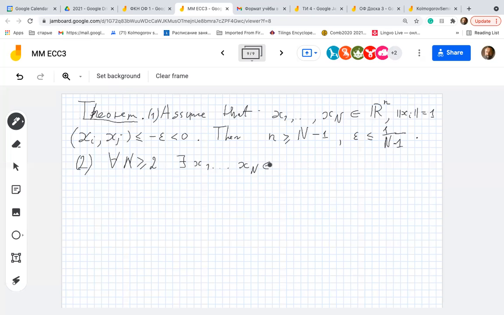So there are capital N vectors in R to the N-1, each of unit length, and such that the pairwise inner products are exactly -1 over N-1. So they can't be less than this because of the first item, and so they are exactly as claimed in this upper bound for epsilon.